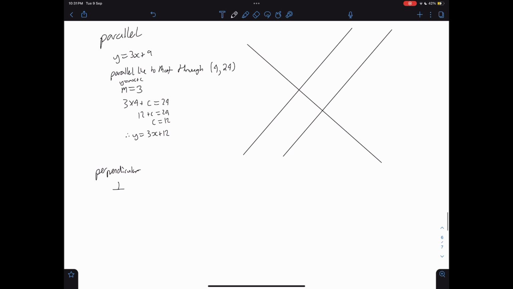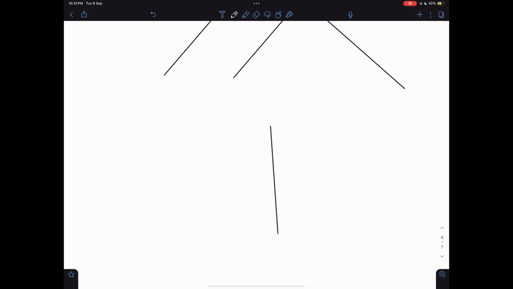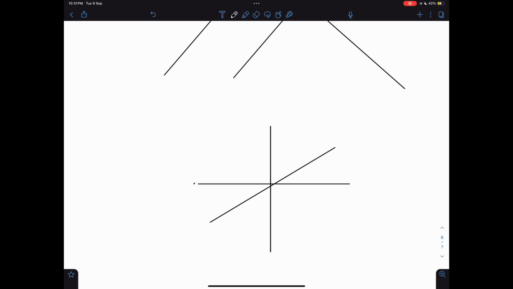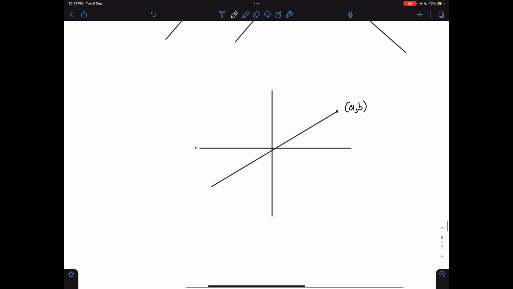Perhaps you could think about it like this in a way. This is the point A, B up here, and then suppose we could do C, D down here.